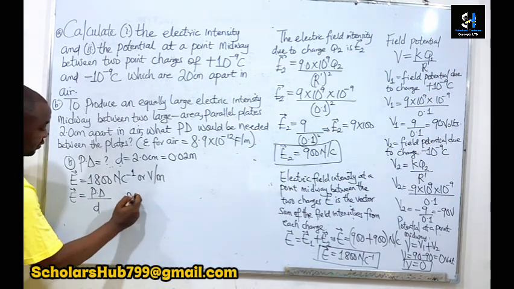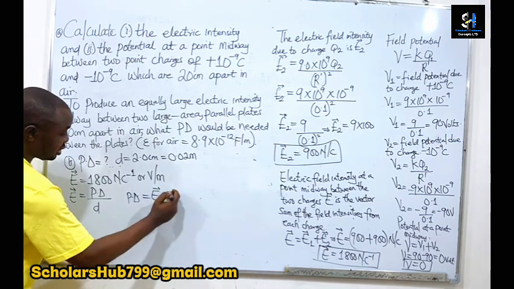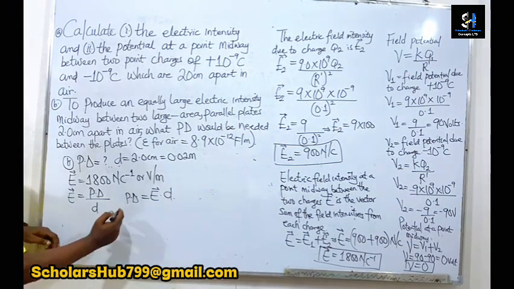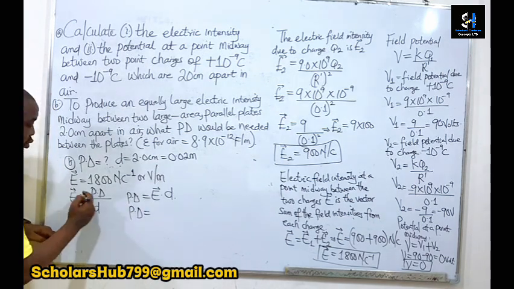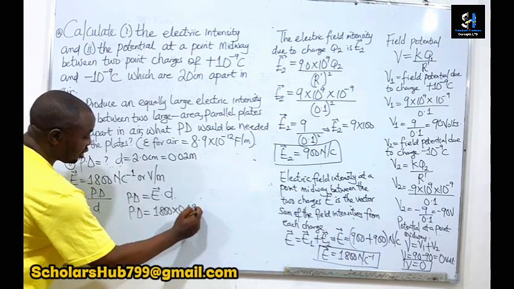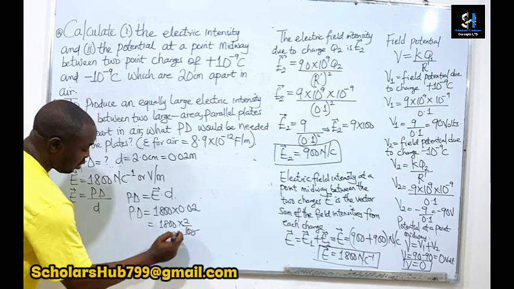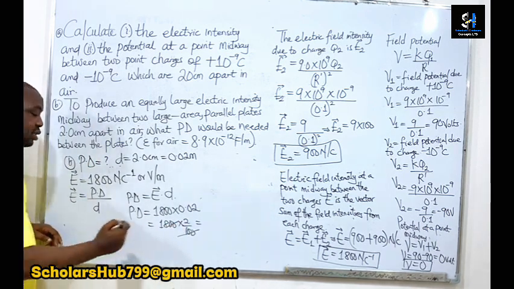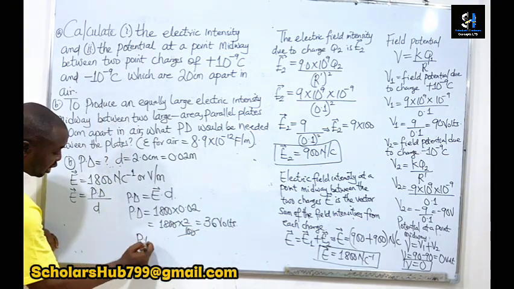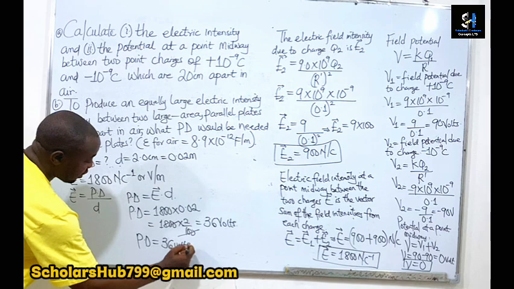So potential difference will be equal to the product of field intensity and the distance between the two parallel plates. So potential difference will be 1800 multiplied by 0.02, which is 1800 multiplied by 2 over 100, and 2 times 18 gives 36 volts. So the potential difference that will be needed will be 36 volts.